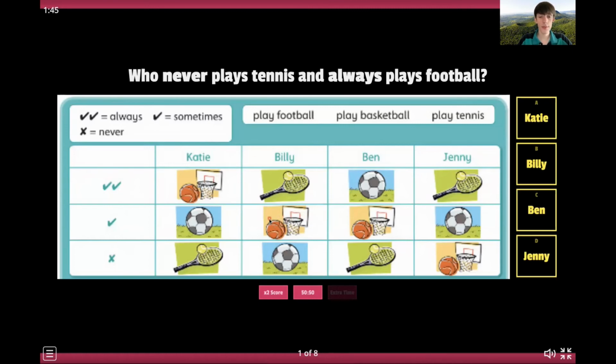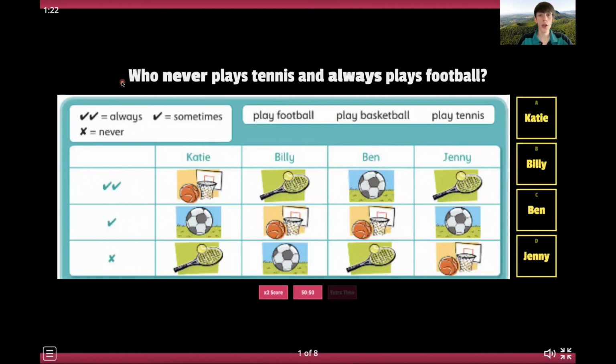What about this one? Billy sometimes plays basketball. And how about this one? Ben never plays tennis. Okay?